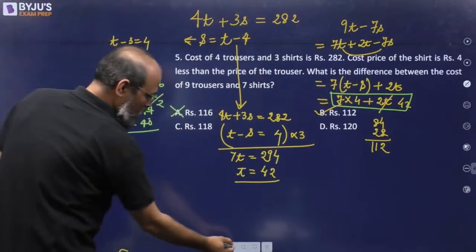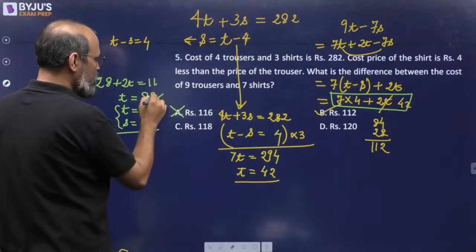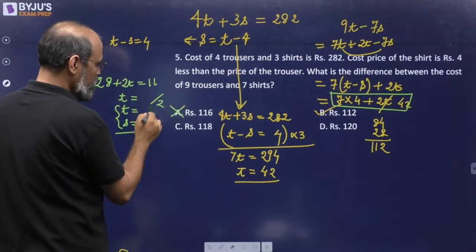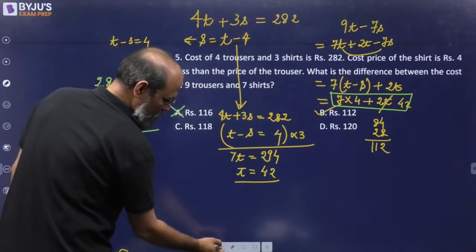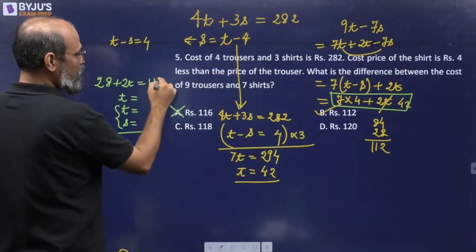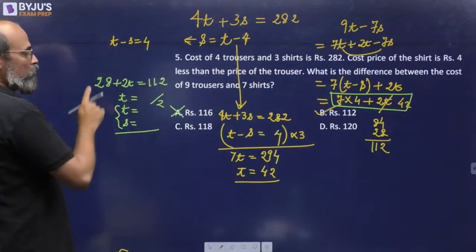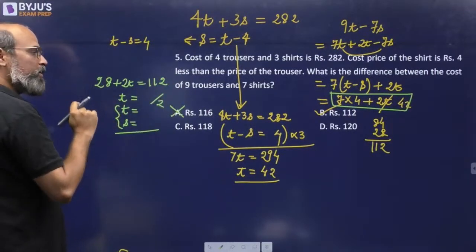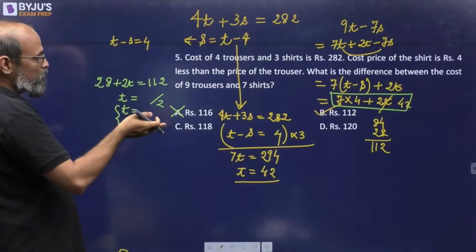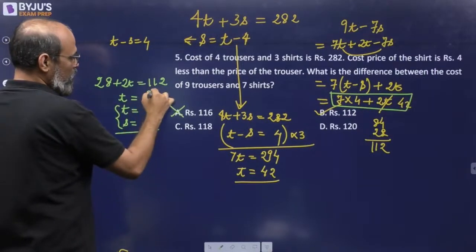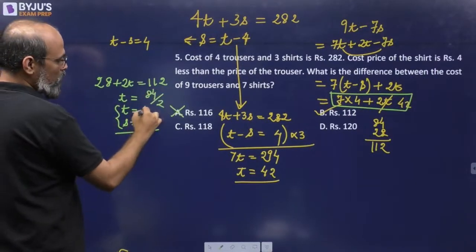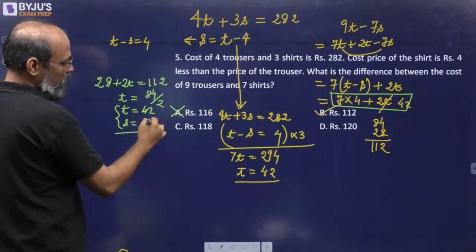Next option means if I take this as 112. So 28 plus 2t is equal to 112. So 2t is going to be 84, by 2 which is going to give us 42. So s is going to be 38.